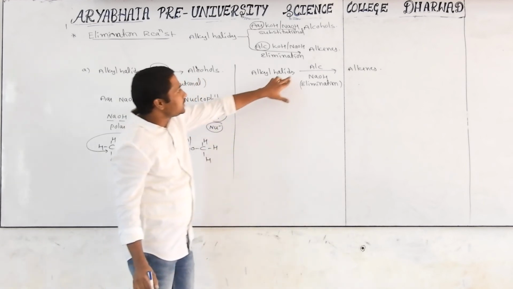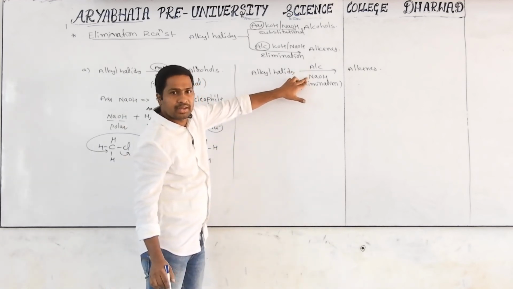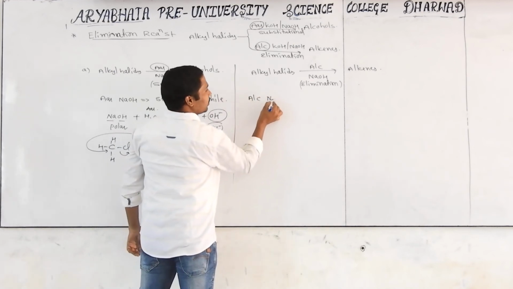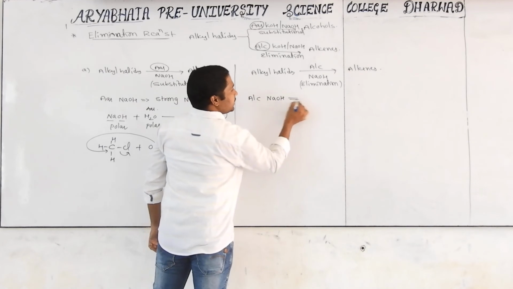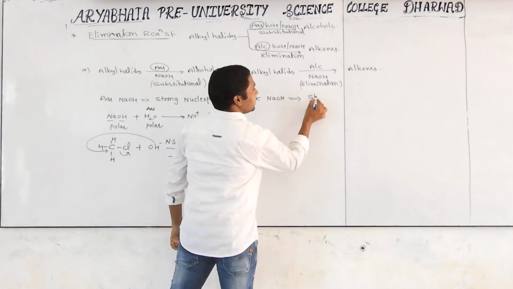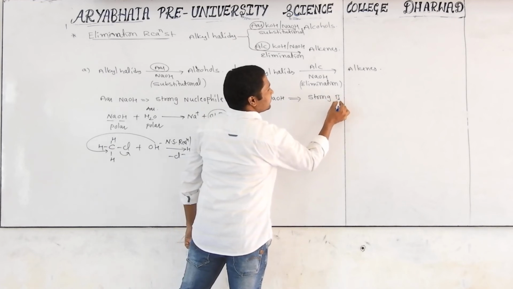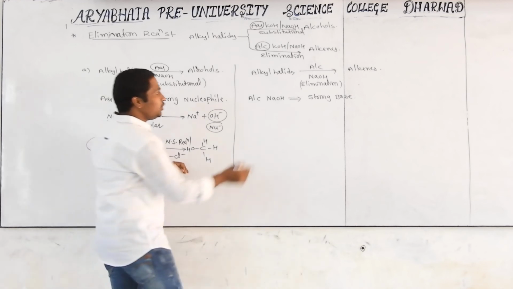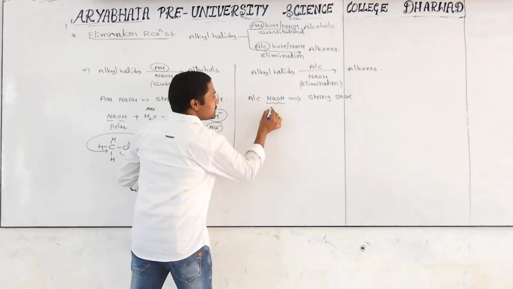Why, sir? The whole thing depends upon the alcoholic NaOH only. Once you take that alcoholic NaOH, it is not acting as a nucleophile, it is acting as a strong base. Why? Because of dissociation. NaOH is polar in nature.